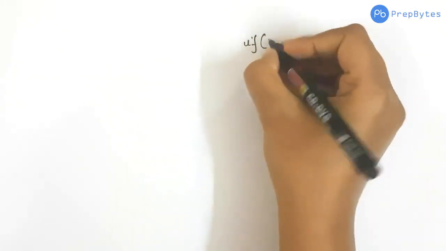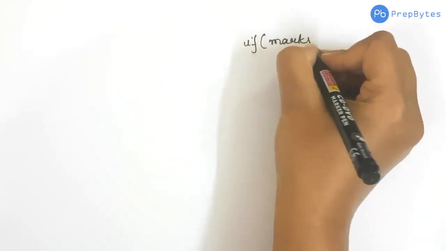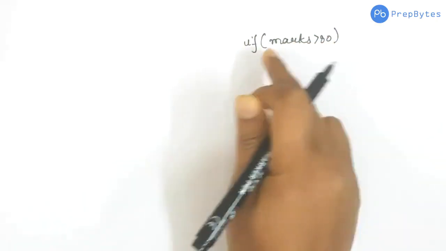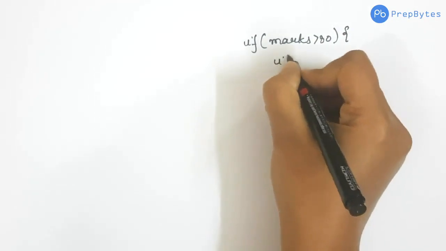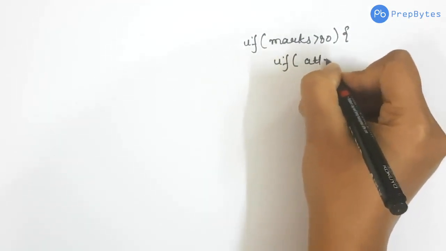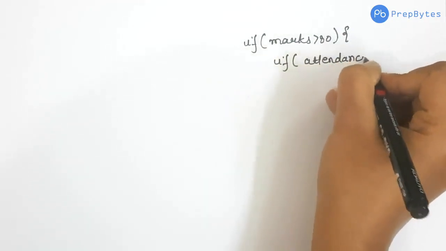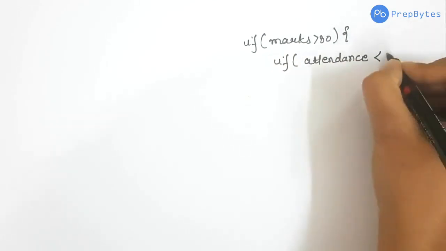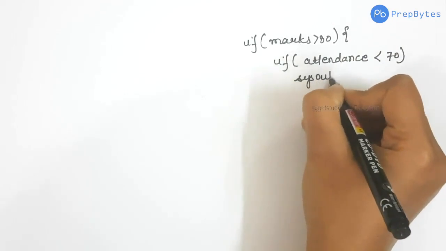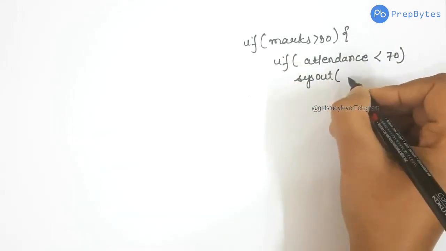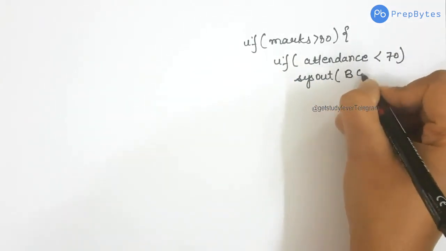If marks is greater than 80, inside this if also we can have if statements. If attendance is less than, let's say, 70, sysout, let's say sysout B grade.